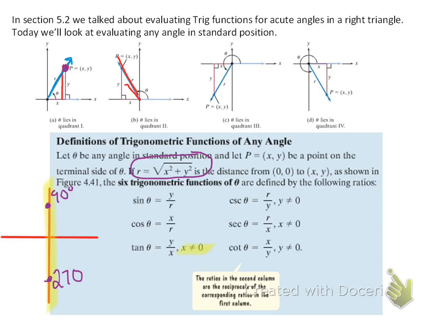Now when we look at the reciprocal functions, again, it's just like we've always had. We just reciprocate, except now we have to extend into y can't equal 0. Well, why can't y equal 0? Because it's in the denominator. But where do we find y equals 0? On the x-axis.